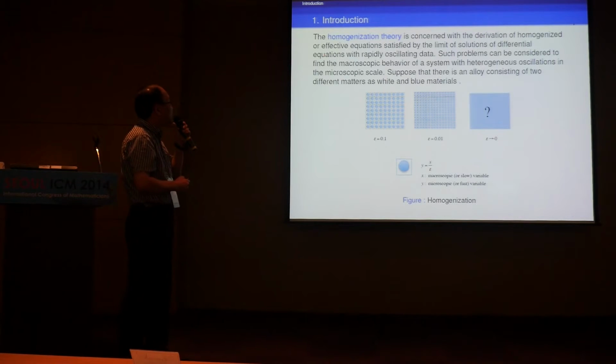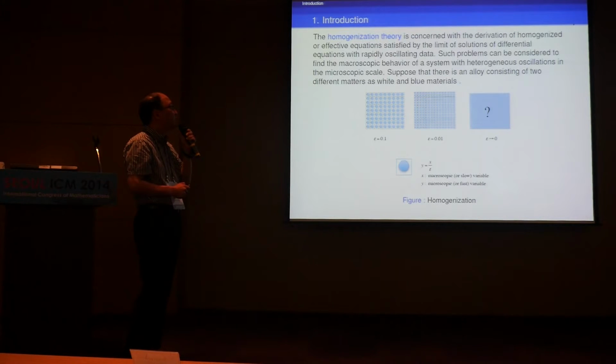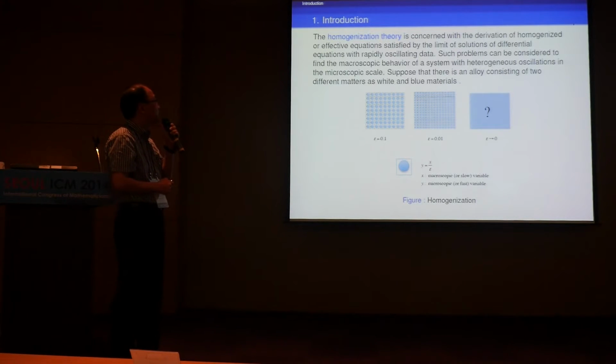So, the homogenization theory is concerned with the derivation of homogenized or effective equations satisfied by the limit solution of a differential equation with rapidly oscillating data. So let's look at the first picture. Blue dots are distributed periodically inside white material.